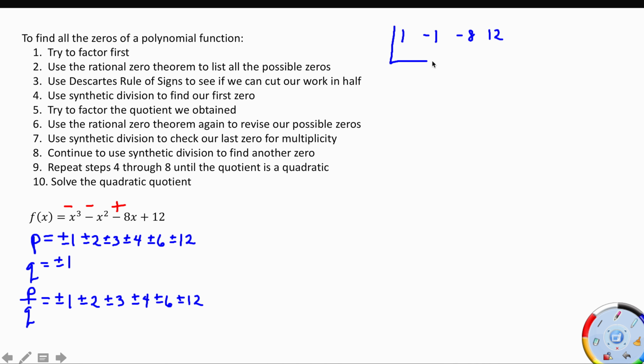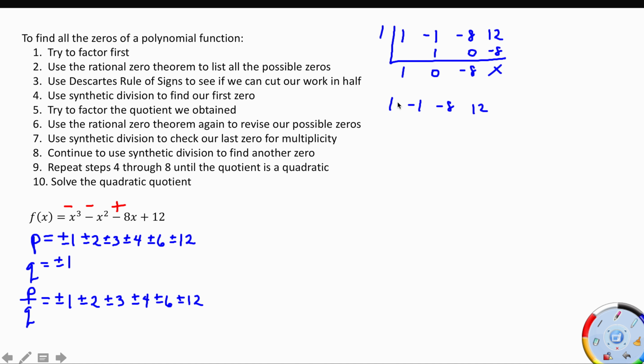And I'm just going to start with positive 1. Bring down the 1 to get me started. 1 times 1 is 1. 1 times 0 is 0. As soon as I realize this isn't going to be 0, I'm finished. And I'm going to move to my next number in the list.